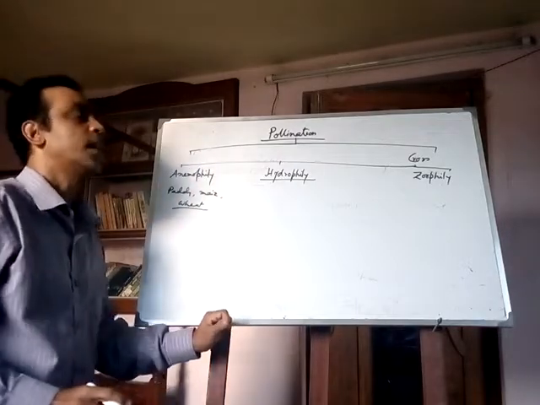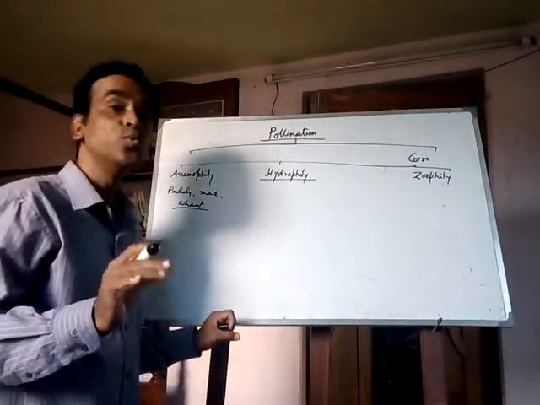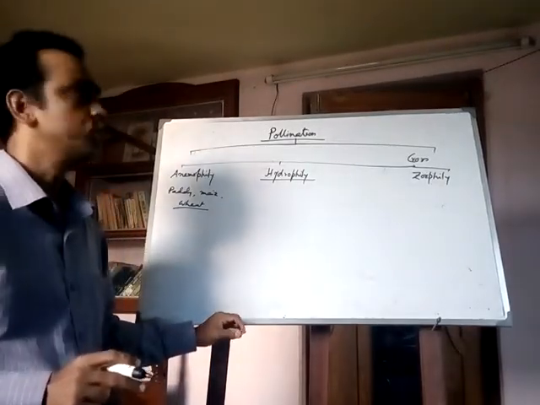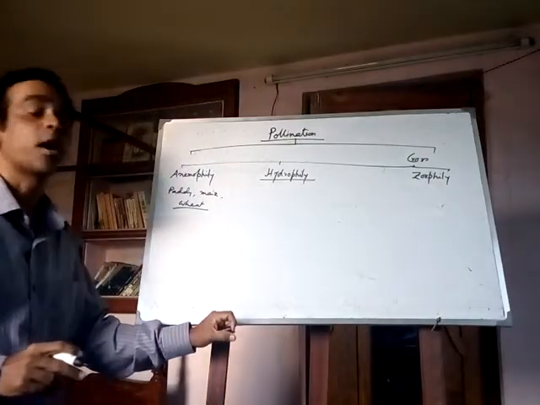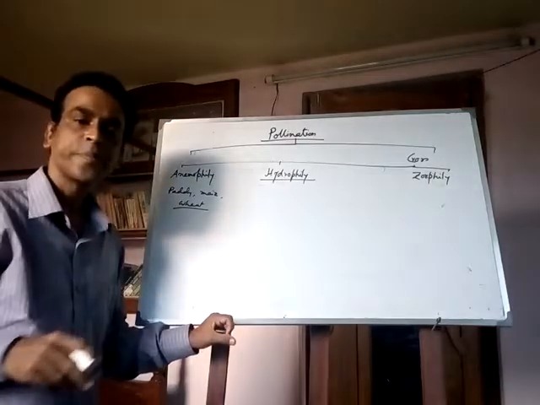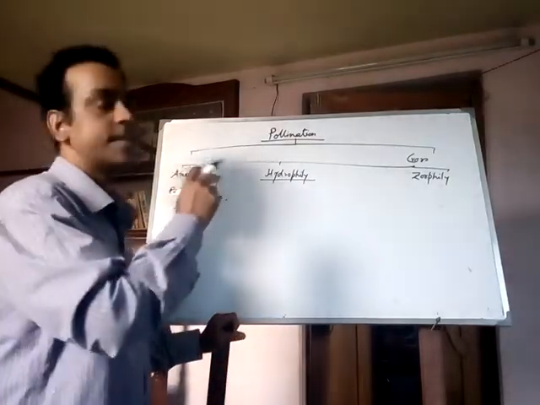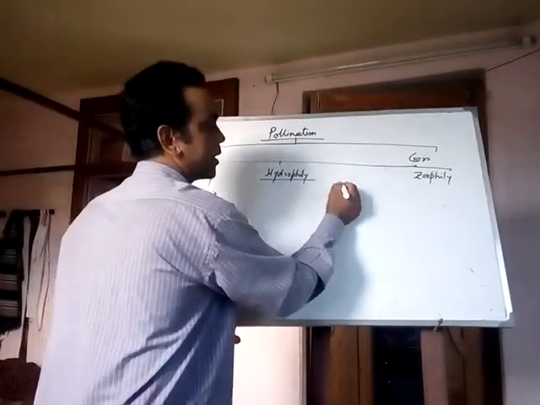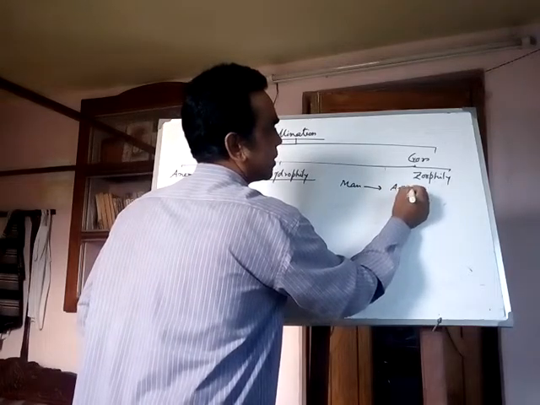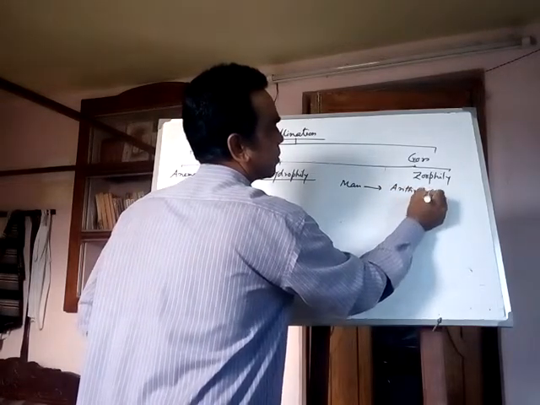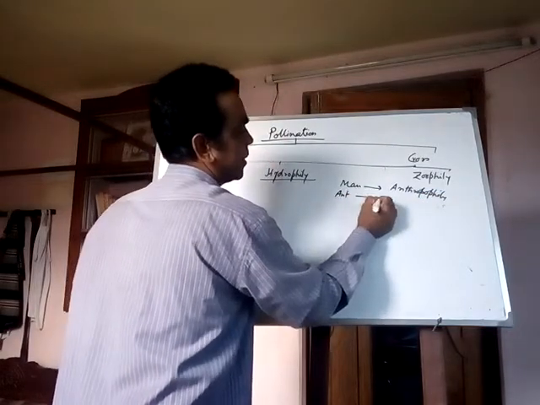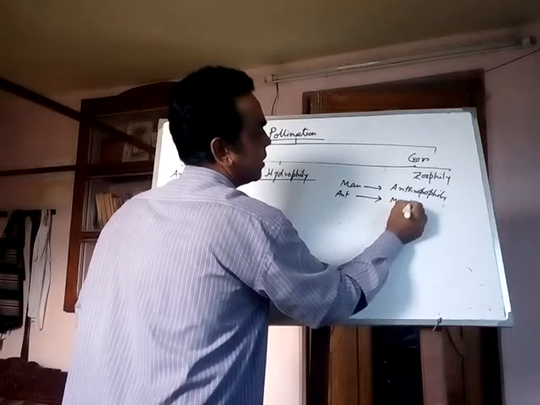Zoophily: when the agent is a zoo animal, this type of cross-pollination is called zoophilous cross-pollination, and the flower is called a zoophilous flower. It has various types according to the agent. When it is man, it is anthropophily. When it is ant, it is myrmecophily.